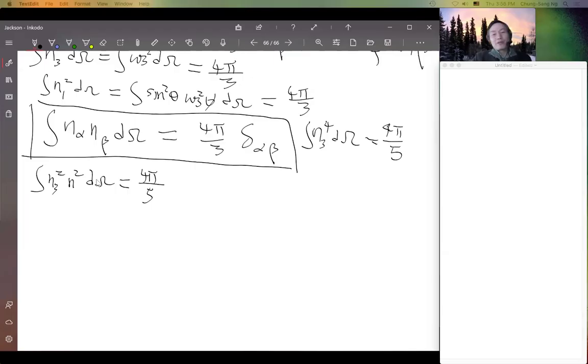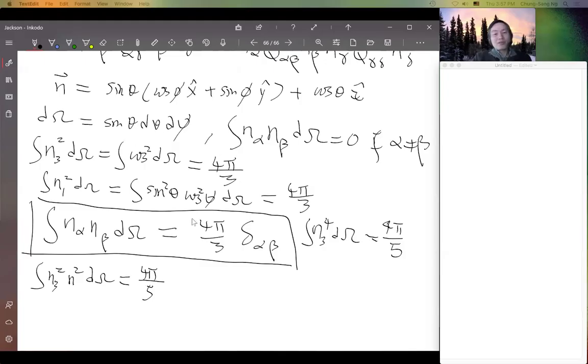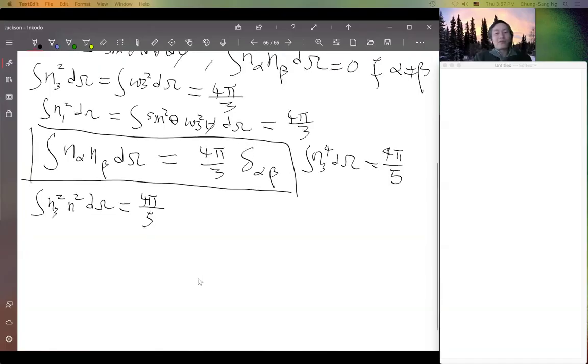And if you do it the other way, with them separated, you have n1 squared plus n2 squared plus n3 squared, but we have already done n3 squared times n3 squared, which gives you this one. So what are then the other two terms? You have n1 squared and n2 squared, but by symmetry, you know that they give you exactly the same contribution. So integrating n3 squared n1 squared is the same as n3 squared n2 squared.